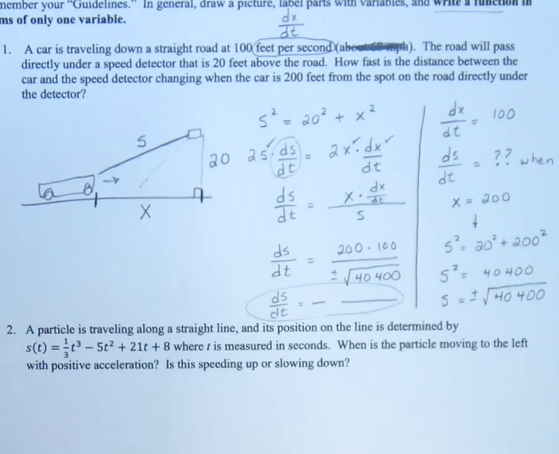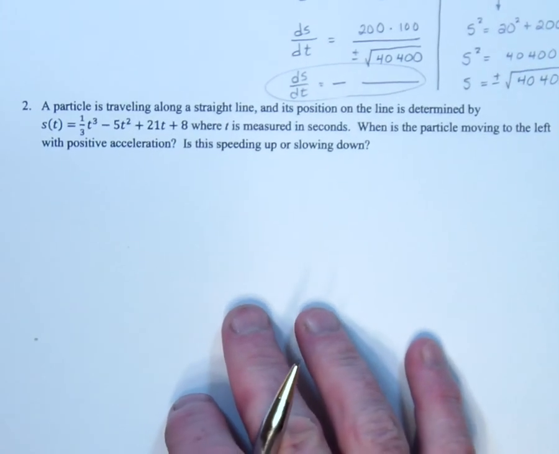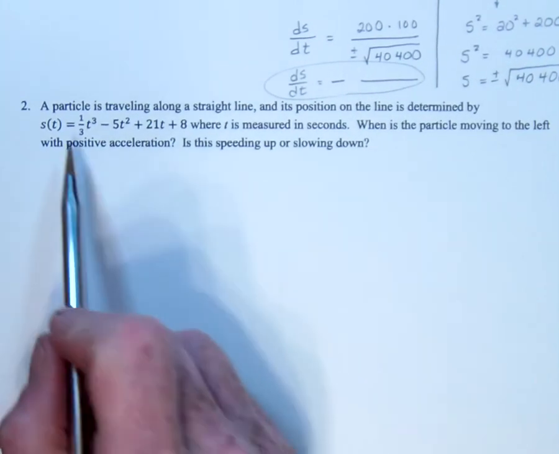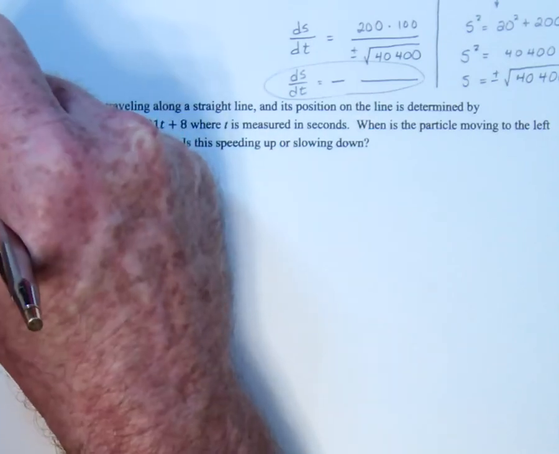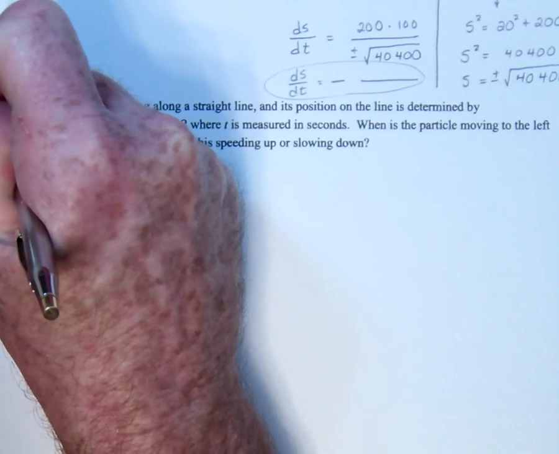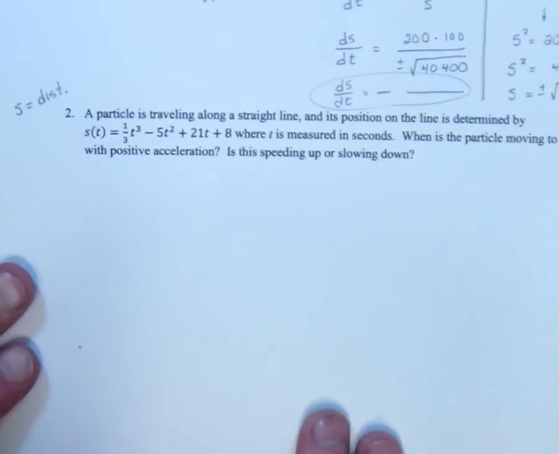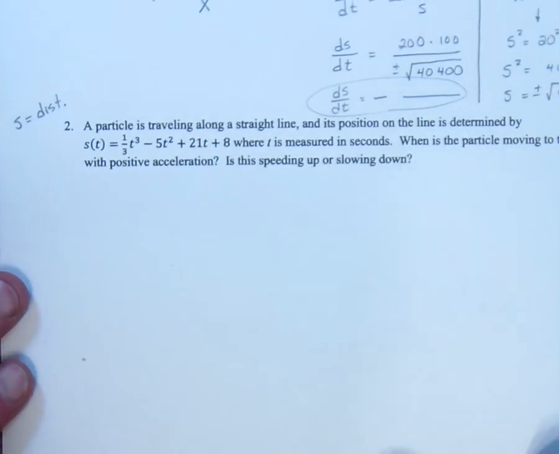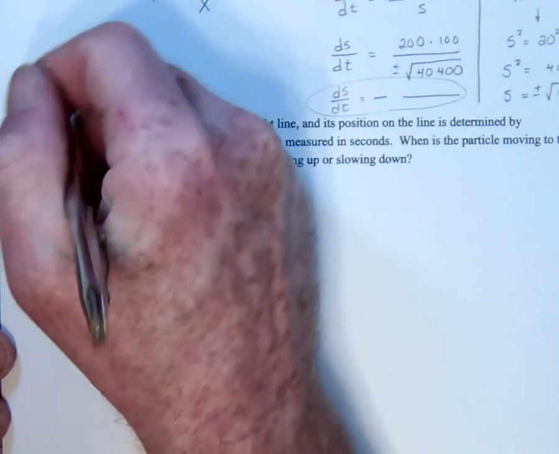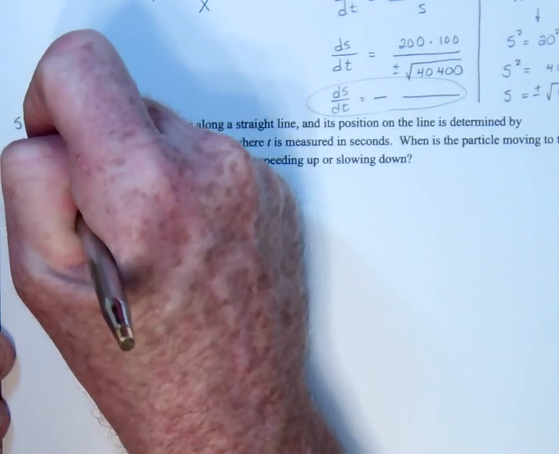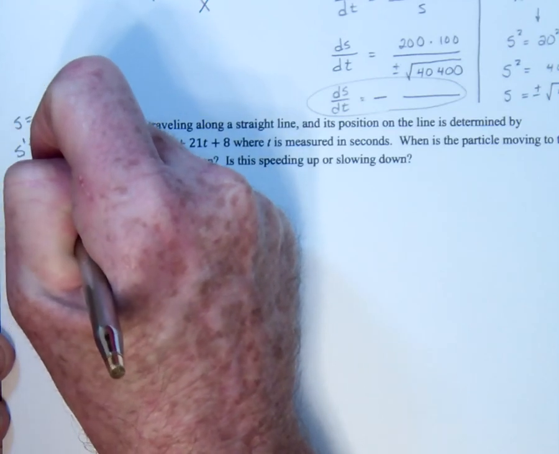Okay, next up. This question is asking a lot of parts at the same time. So it's saying s equals distance. And the first derivative is velocity. The second derivative is acceleration.